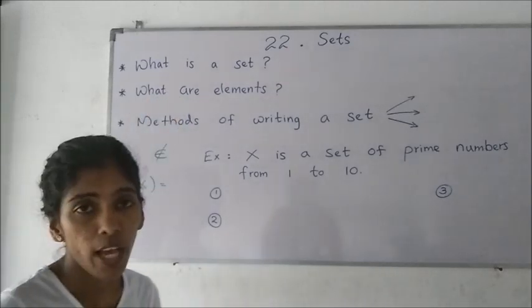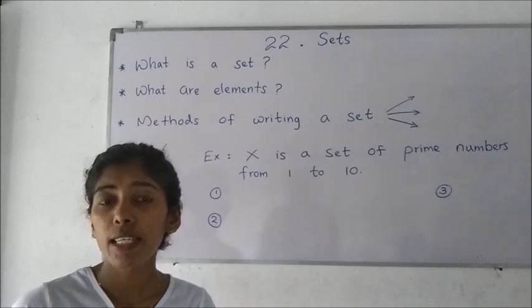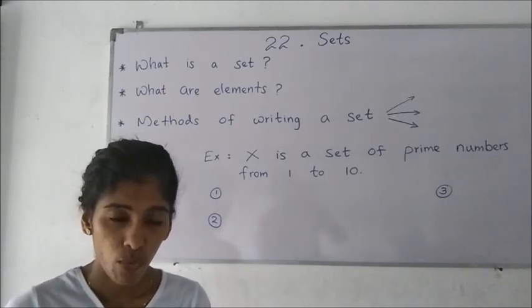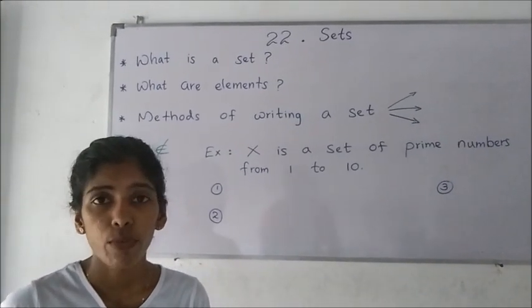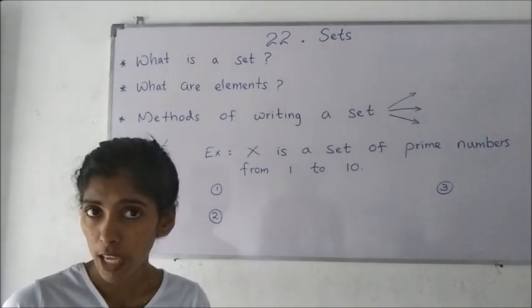What is a set? You have learned that a set is a collection of items that can be clearly identified. For example, we can take vegetables, fruits, birds, likewise.